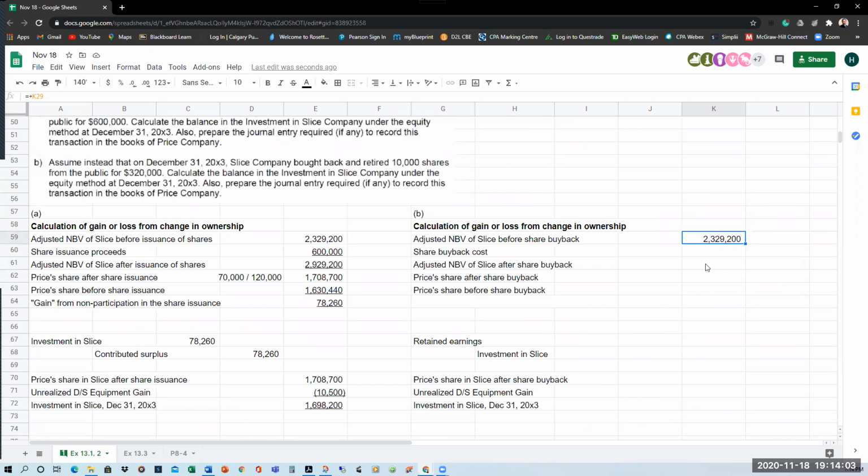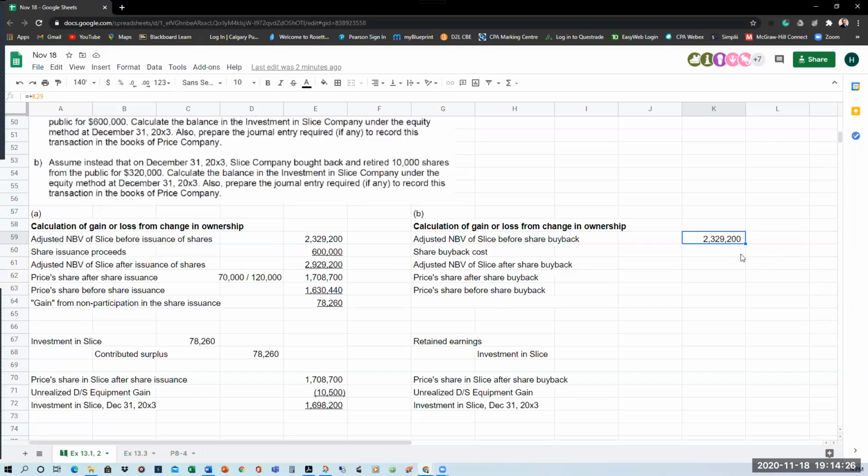So here, before the share buyback, the net book value was 2,329,000. Now, if the Slice Company buys back the shares, it's going to be paying out cash. And when it retires the shares, the common shares value will go down, right?